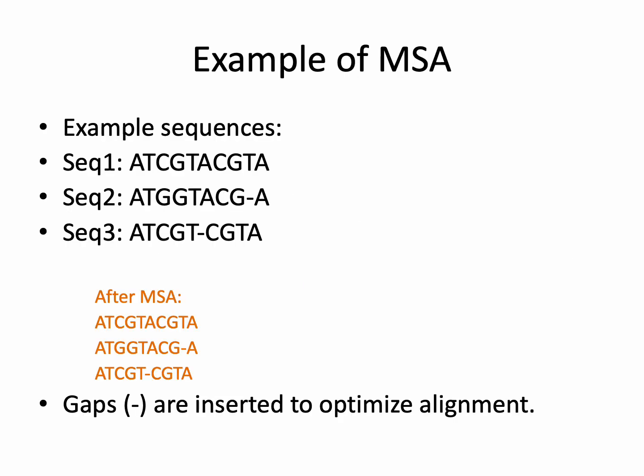Now let's see a small example of what happens to the alignment upon using this method. So you have three sequences. Now just after doing MSA, upon introducing gaps in the right regions, the alignment would improve.